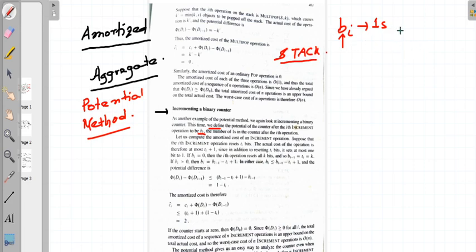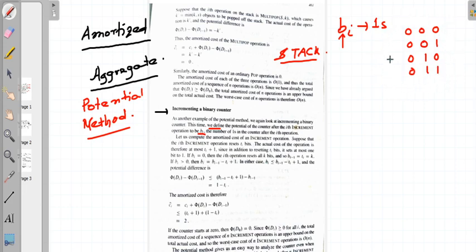So here, the number of ones is changing whenever we change state, that is, whenever we have one increment operation.